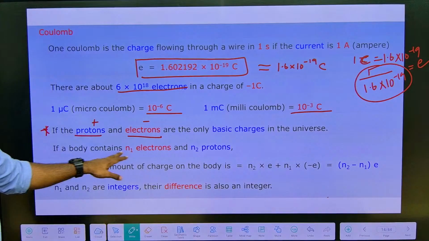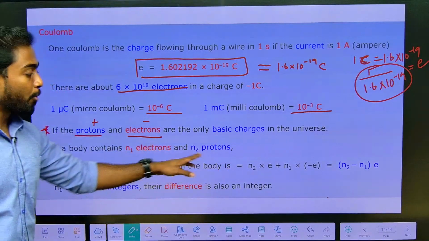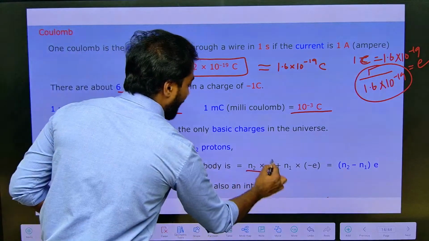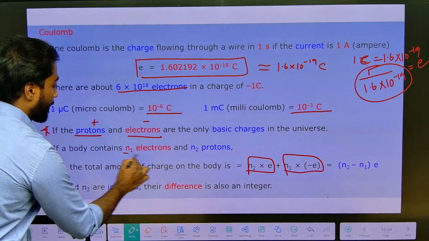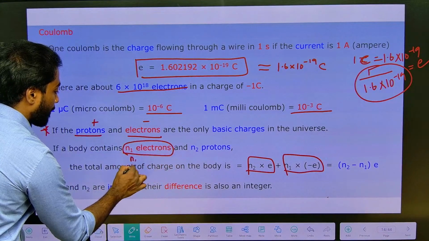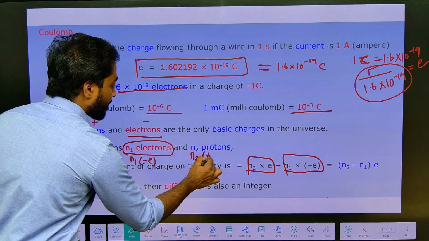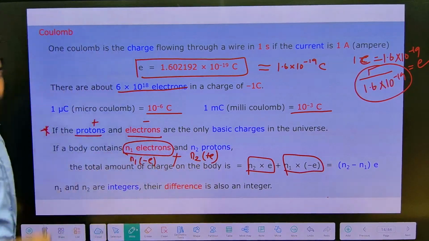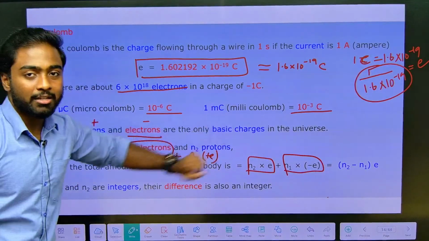So, if a body contains N1 electrons and N2 protons, the total amount of charge of the body is N2 times e and N1 times minus e. So N1 electrons give N1 into minus e and N2 protons give N2 into plus e, and I will sum these two things up. I will get the value of the total charge in a body.